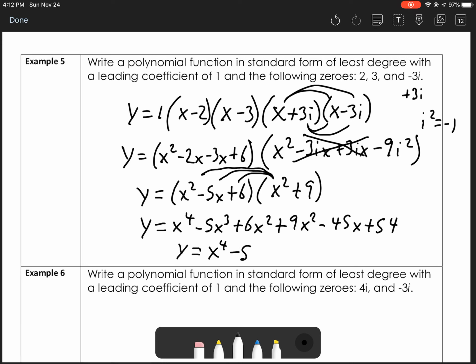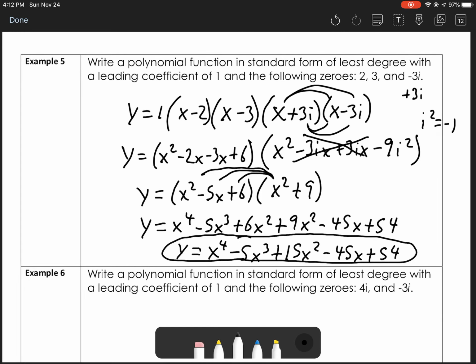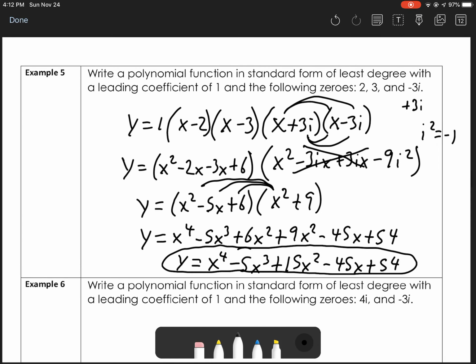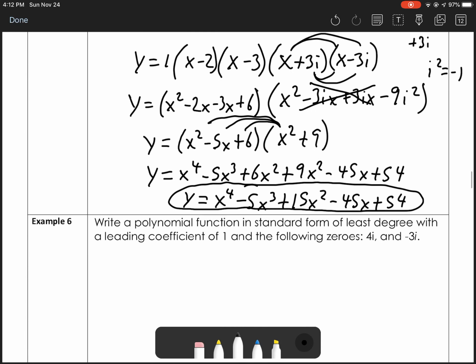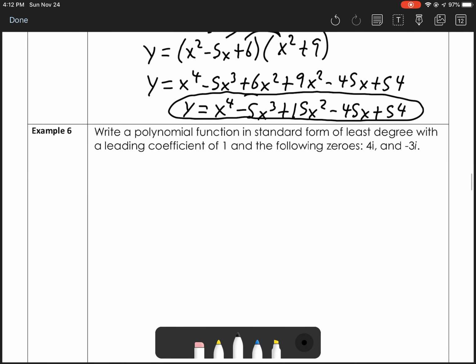We only have a minus 5x cubed. And then we can combine 6x squared and 9x squared to give us 15x squared minus 45x plus 54. And here is our final answer right here. And this is a quartic polynomial, which is what we wanted because we said originally there was 4 zeros, so we wanted to end with a fourth degree polynomial.